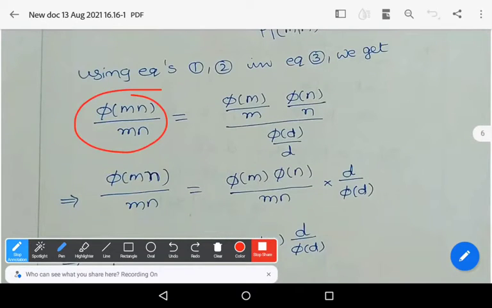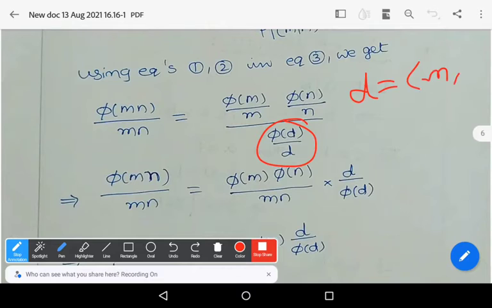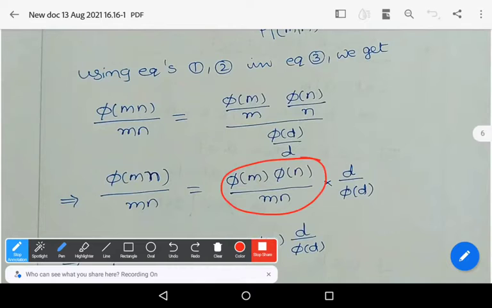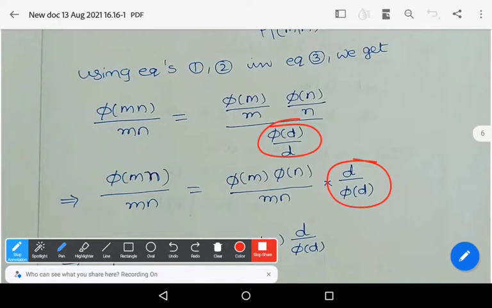Phi of mn by mn is equal to phi of m by m into phi of n by n, divided by phi of d by d, where d is nothing but gcd of m comma n. Now rearranging the terms on the right side, you get this step: phi of m, phi of n divided by mn into d divided by phi of d. mn gets cancelled on both sides.